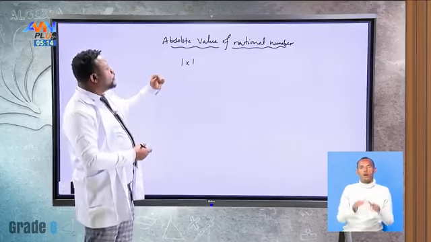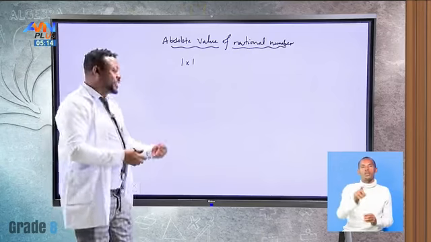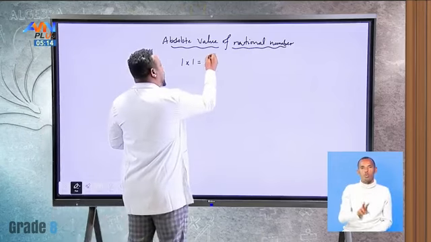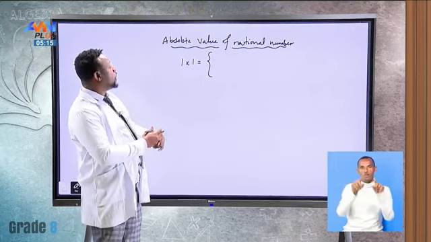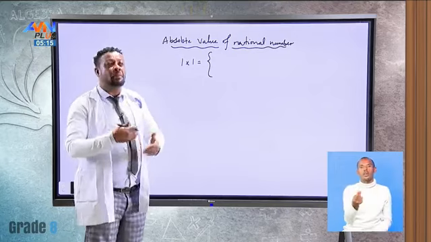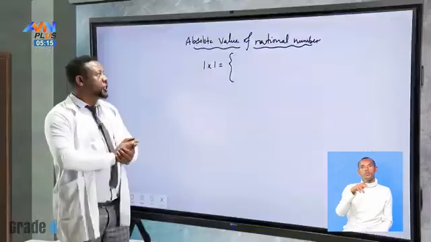So an absolute value of a number x is defined in these ways, okay? We can define an absolute value of a number using piecewise representation.